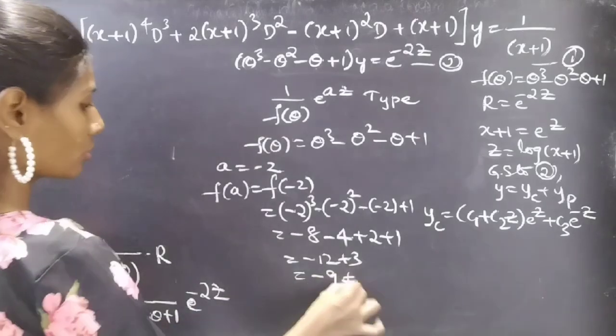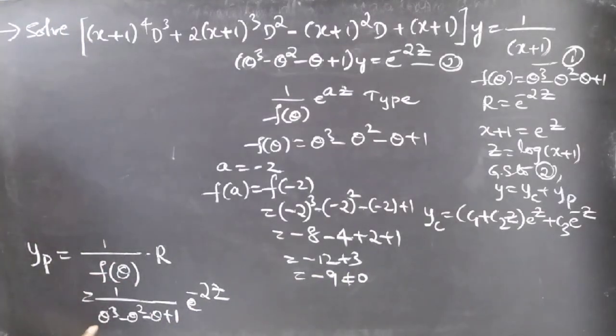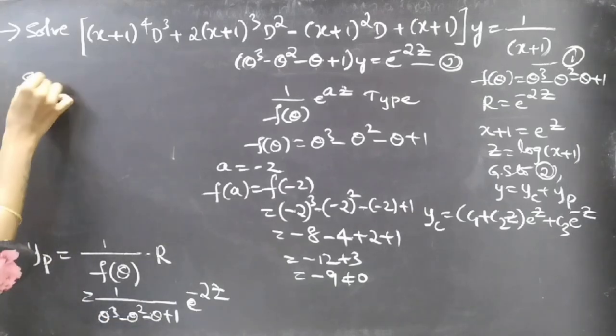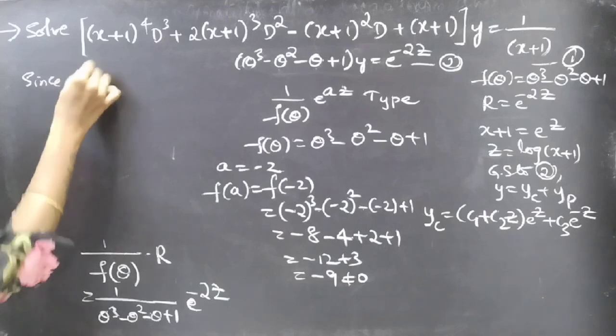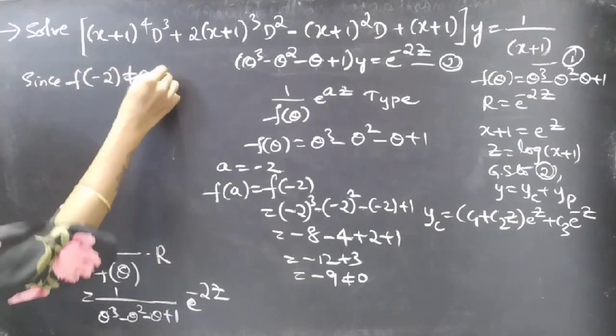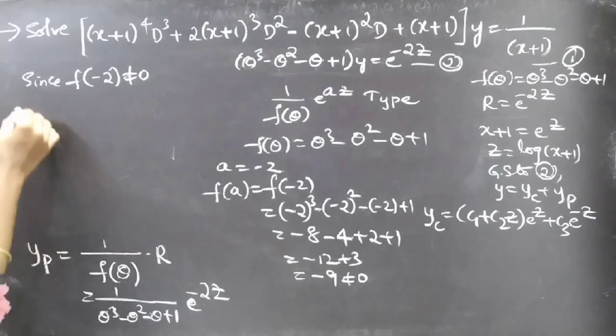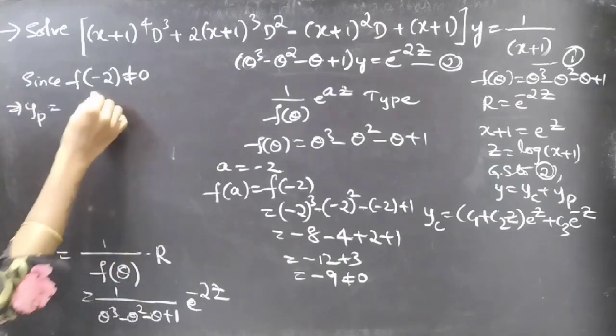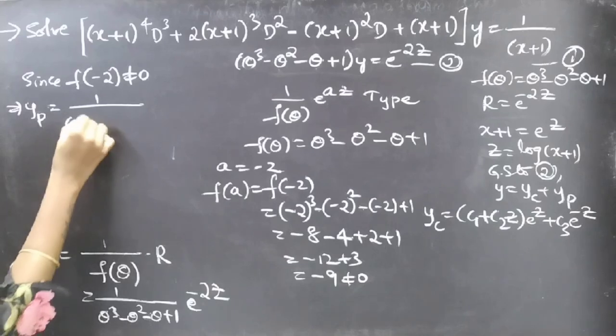See, by replacing theta by minus 2, we get the denominator minus 9, which is a non-zero number, right? Since f of minus 2 is not equal to 0, we can replace theta by minus 2.